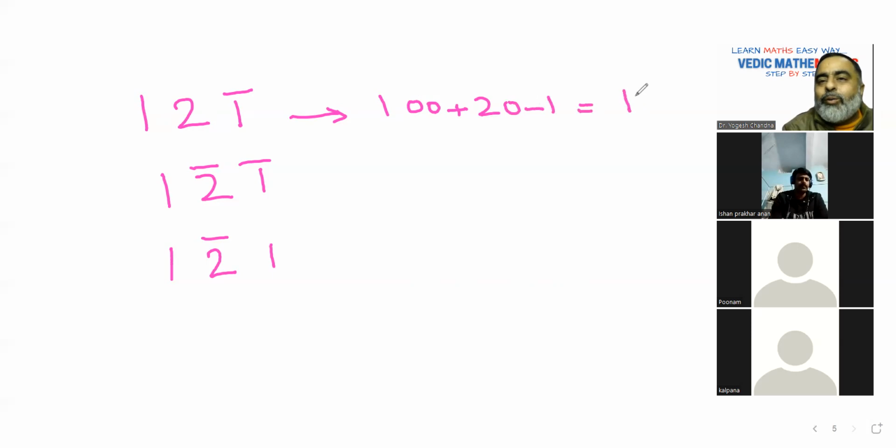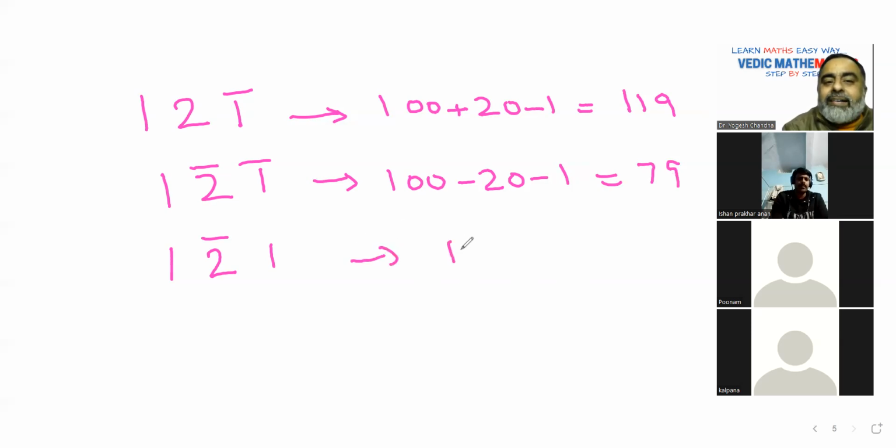So what is the value? 119. Here, the value is 100 minus 20 minus 1, which is 79. See the difference. Here, 100 minus 20 plus 1, so it is 81. You got the difference. See how different, with the same 3 digits.